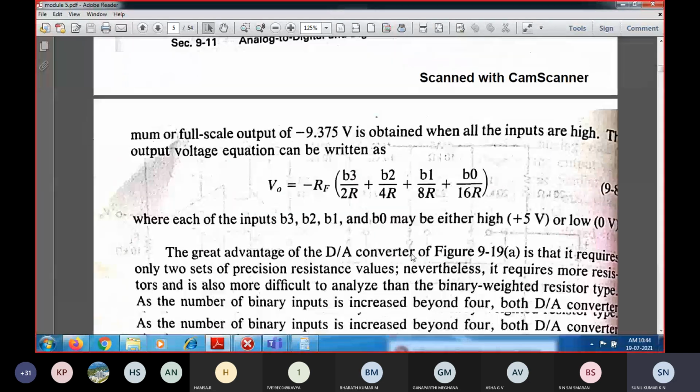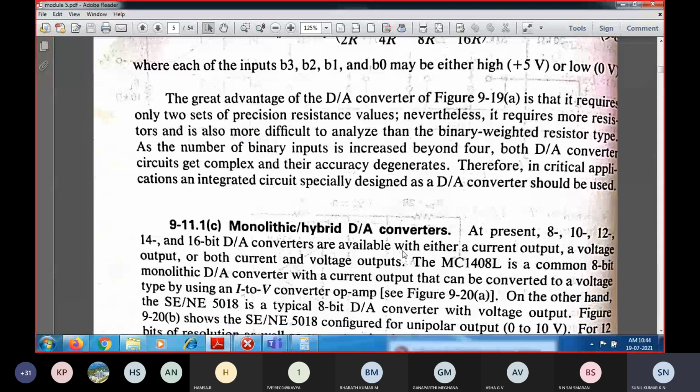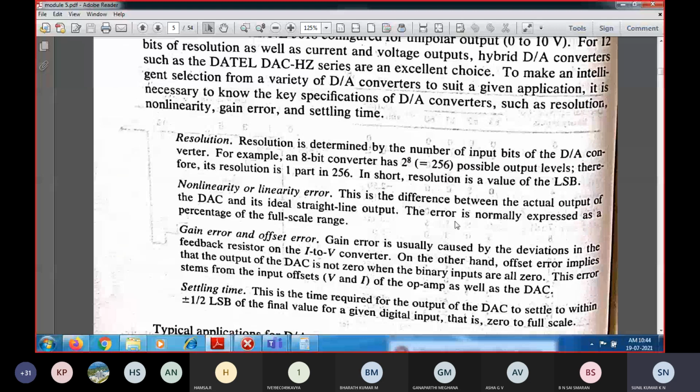Where the LSB bit position is there, one part of that is nothing but the resolution. For that, what is the output voltage we have got? When the LSB bit is 1, we will be getting minus 0.625. So that 0.625 refers to the resolution of that corresponding output voltage.